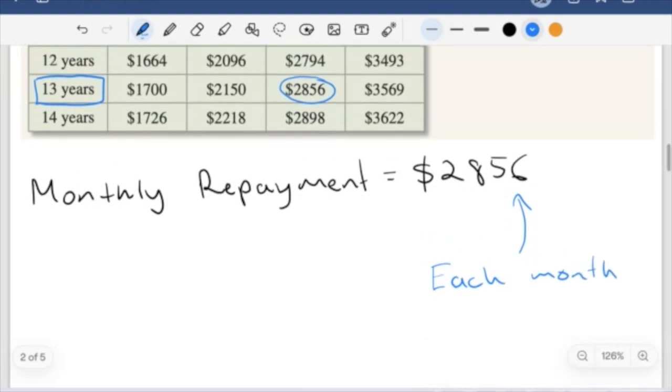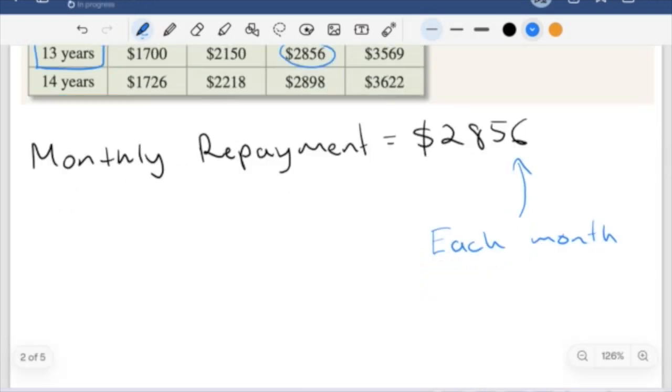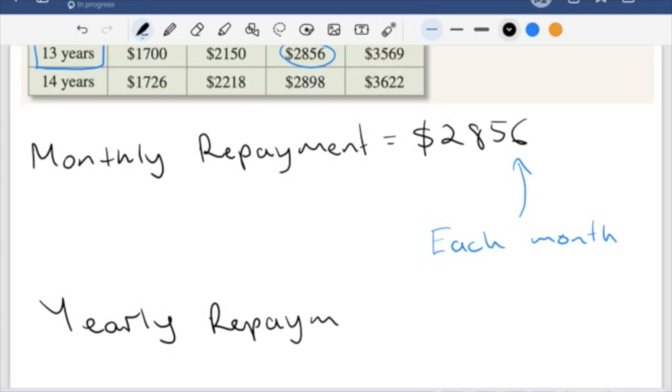So, first of all, let's find out how much. If we have a monthly repayment of this, we can find our yearly repayment by multiplying this by 12, because there are 12 months in a year. That's going to be 2,856 times 12.